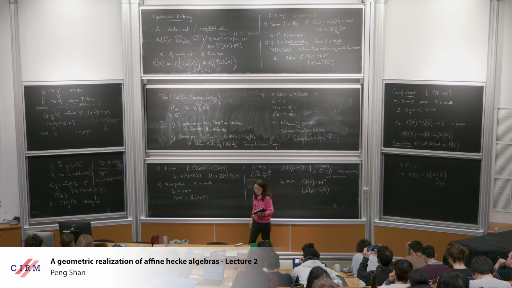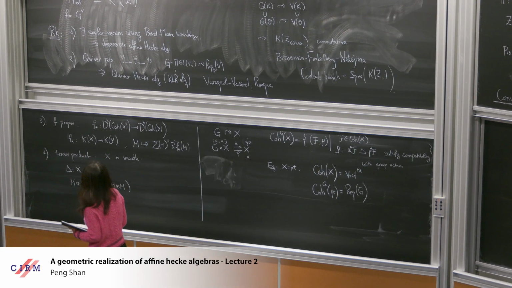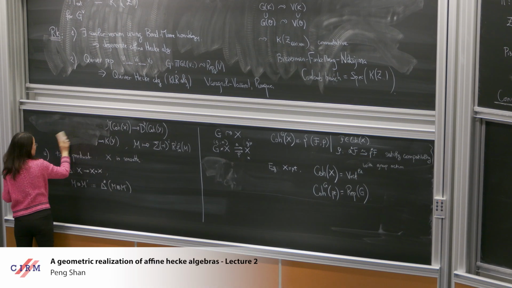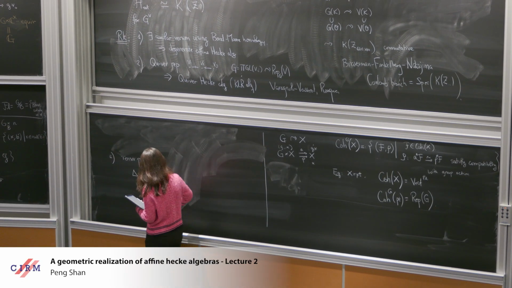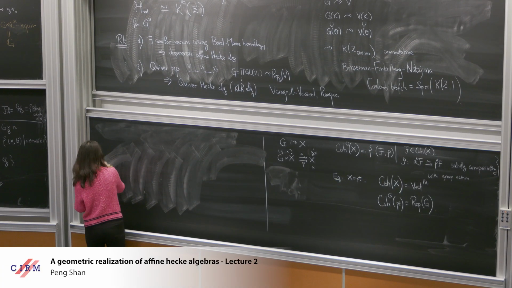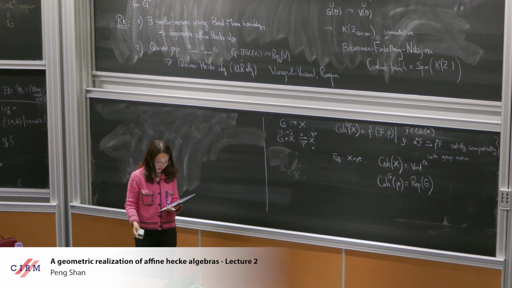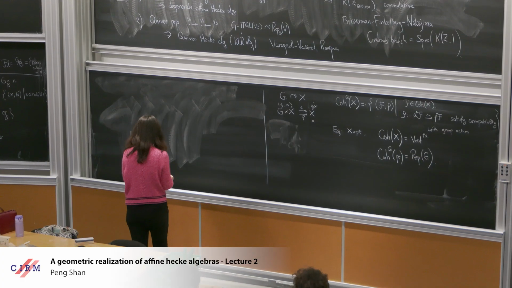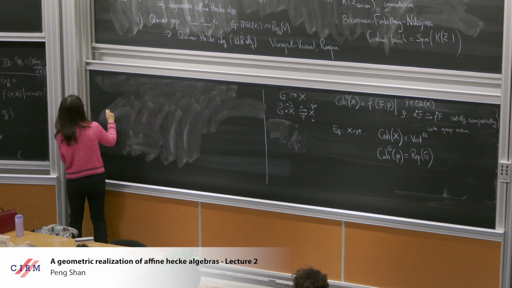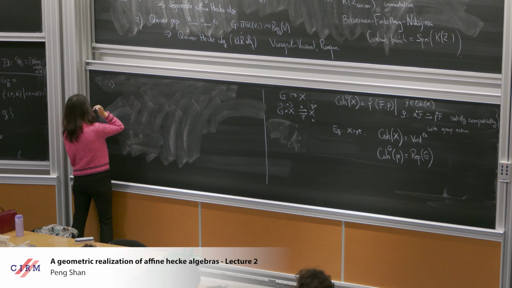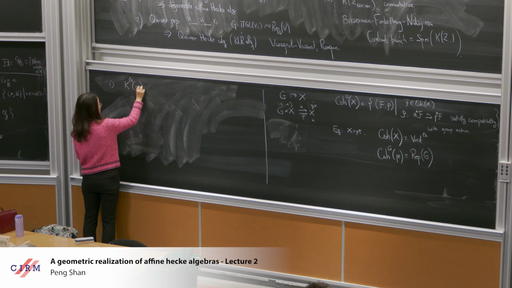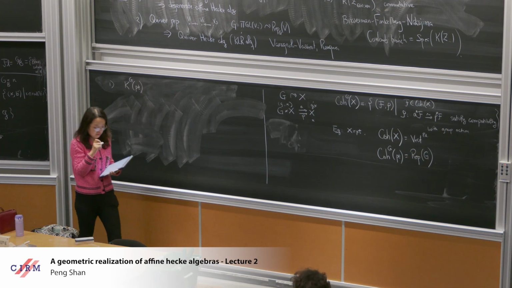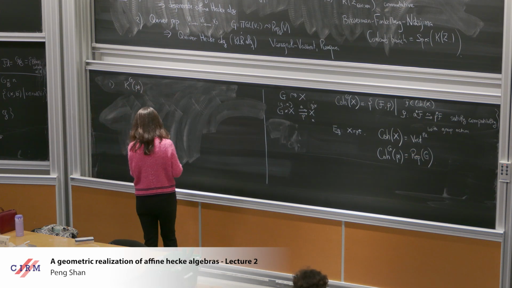All right, so we're in business now. So we want to compute some equivariant K-theory. Let's start with the simplest case. What is the K_G of a point?